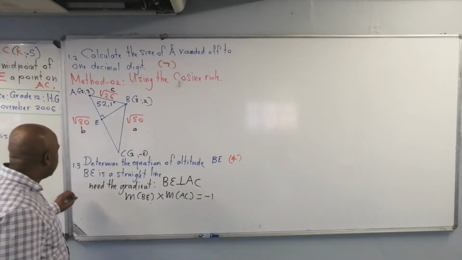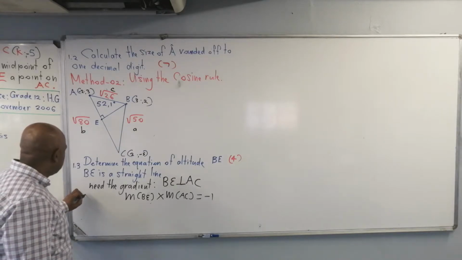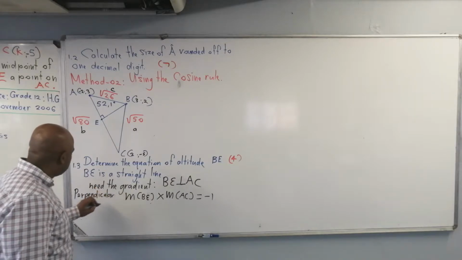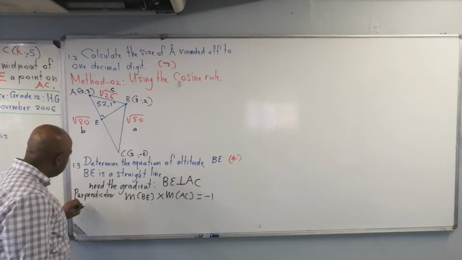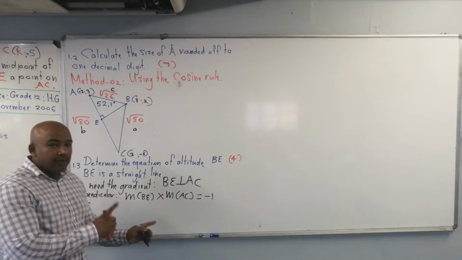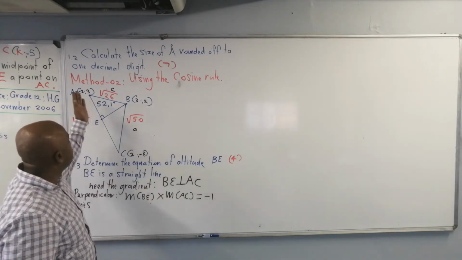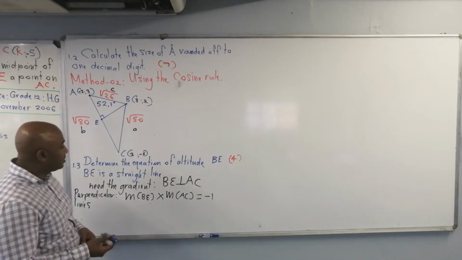Those are perpendicular lines. Let's write that down. M1 times M2 is equal to minus 1. The gradient of line BE times the gradient of line AC is equal to minus 1.